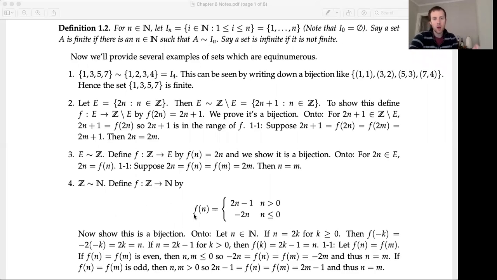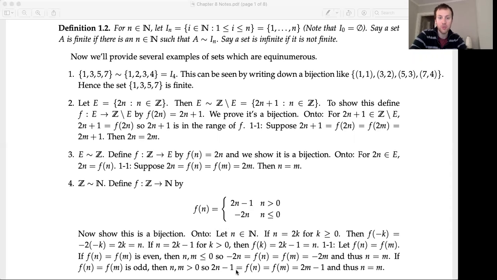So I won't walk through this, but the way to interpret this function is this takes an integer and the negative numbers get sent to the even numbers, and the positive numbers get sent to the odd numbers. So that way of pairing it up gives you a bijection.